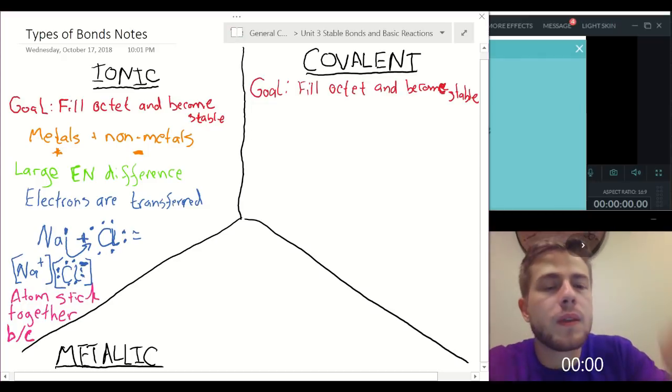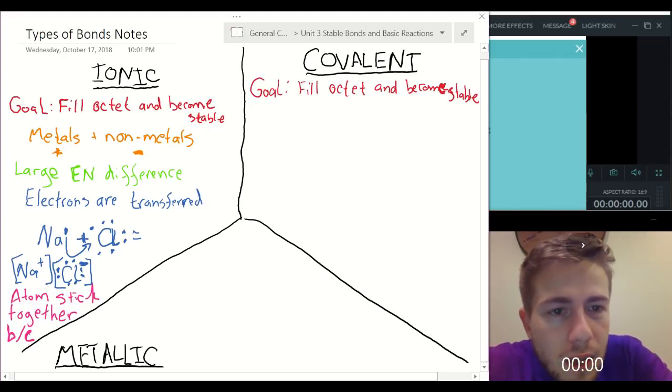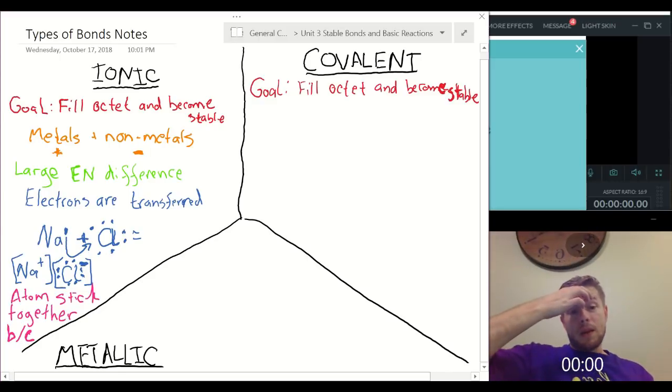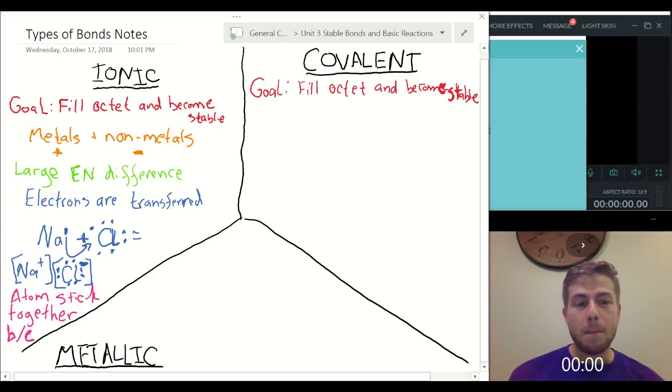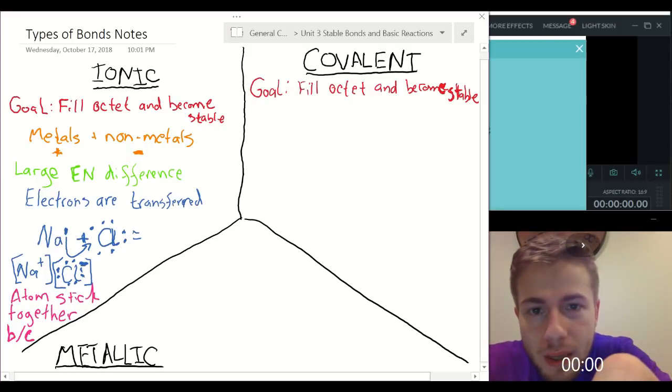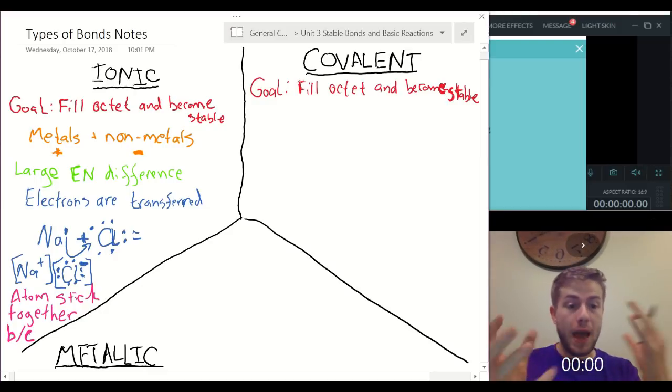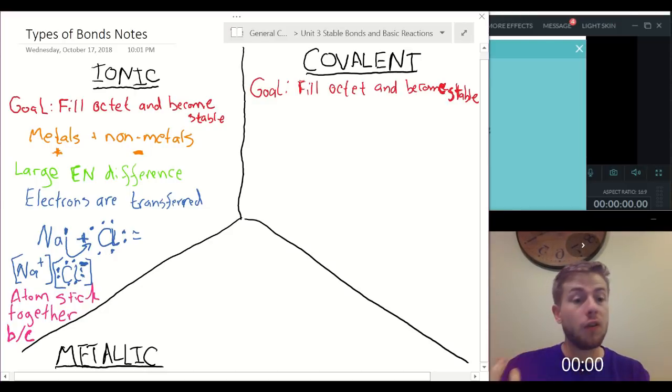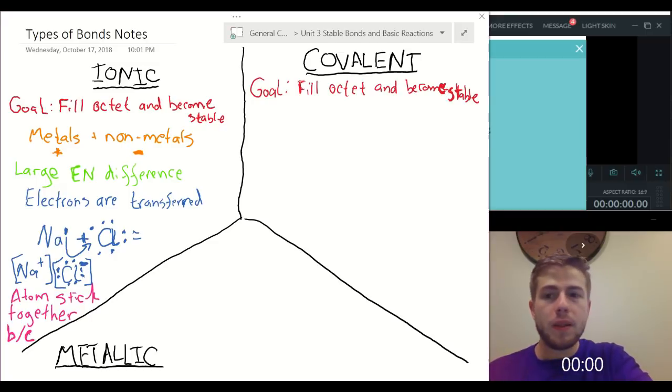Become stable, that is an S. I super apologize, my handwriting is so bad on this, but I will try to say everything I'm writing. Okay, so the goal here is to fill the octet of both atoms to become stable in covalent bonds as well. But the way they do it is slightly different.